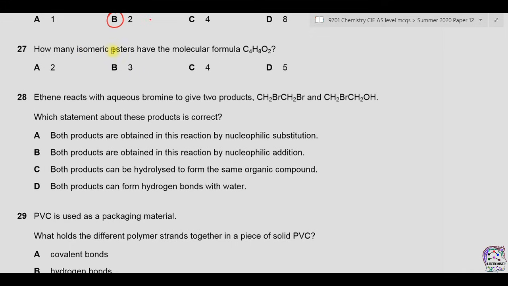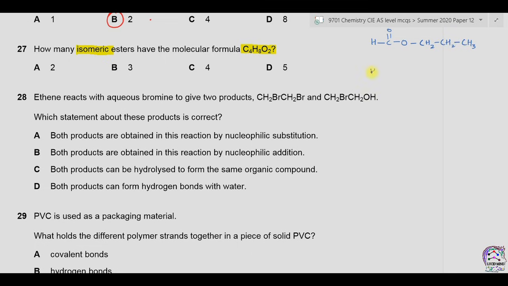Question 27. How many isomeric esters have the molecular formula C4H8O2? Now let's draw the esters with this molecular formula. We have HC double bond O, O. There are 4 carbon atoms, 2, 3 and 4.